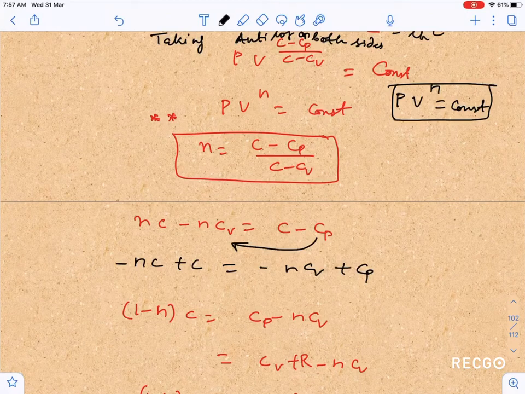If you take C common, this will be 1 minus N, and this becomes Cp minus Cv, so directly you can just take common and write like this.